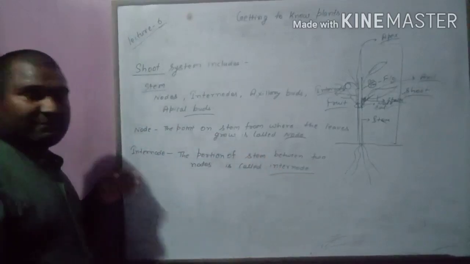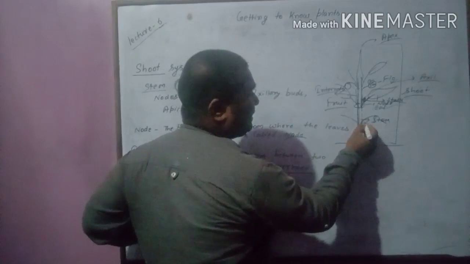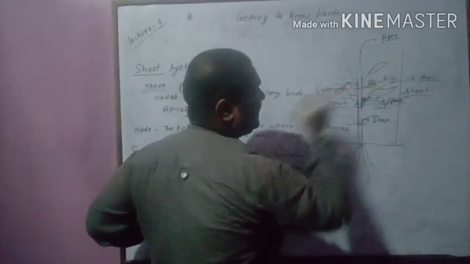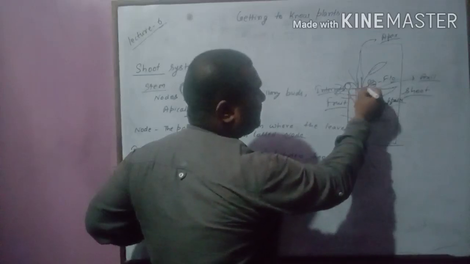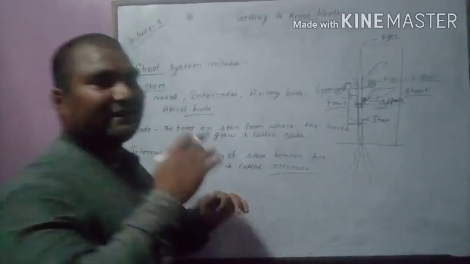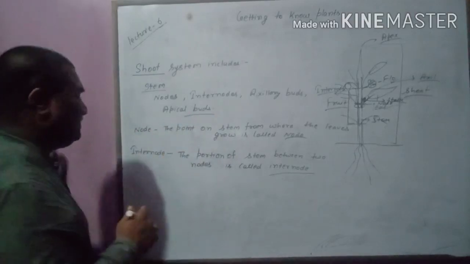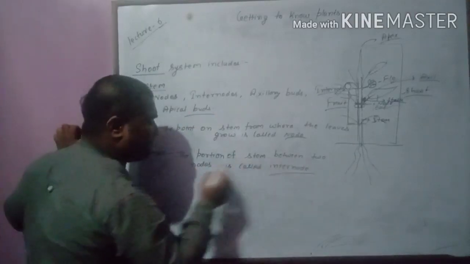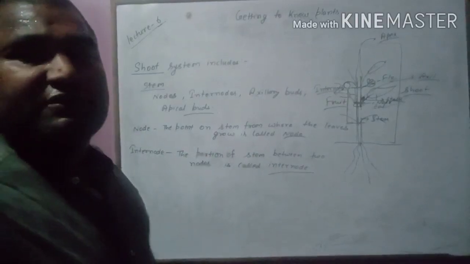See, one more thing I am saying here. If there is one more node here, you cannot say here and here is internode. It is always between two nodes that are close to each other, means adjacent to each other. The portion of the stem between two nodes is called internodes.